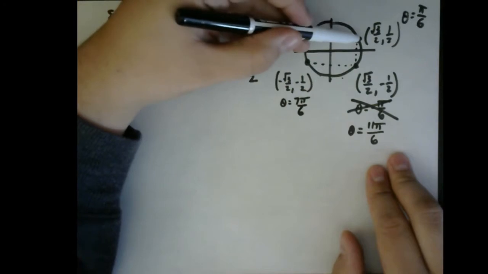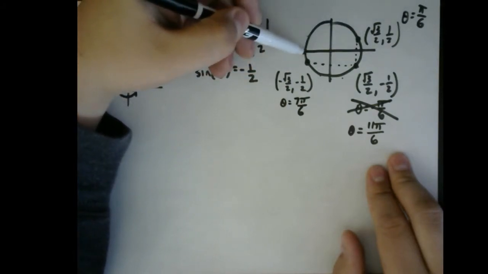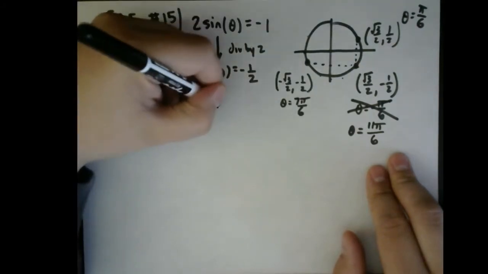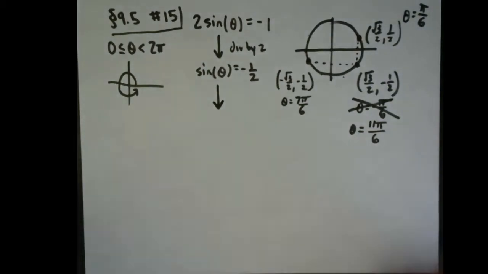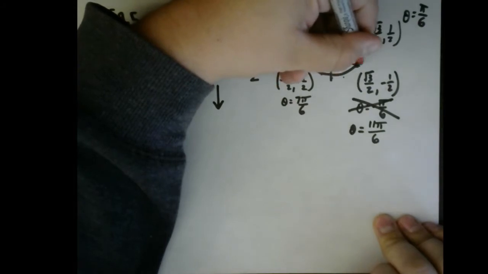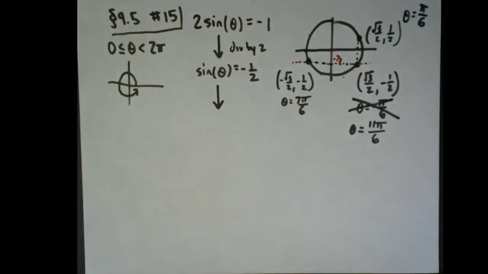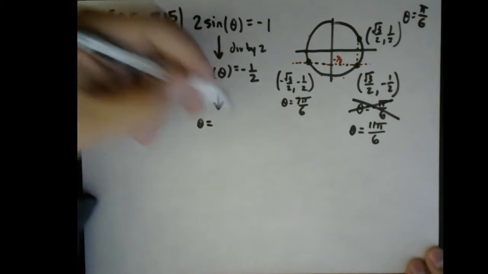So we get 7 pi over 6 out of this. Again, I can count it. 1, 2, 3, 4, 5, 6 pi over 6 is pi. 7 pi over 6 is right there. And that's it. There are no other places with a y value of -1/2, right? Because all those places would lie on this red line. And there's only 2. And so we found all of them. It's a very geometric kind of understanding here.